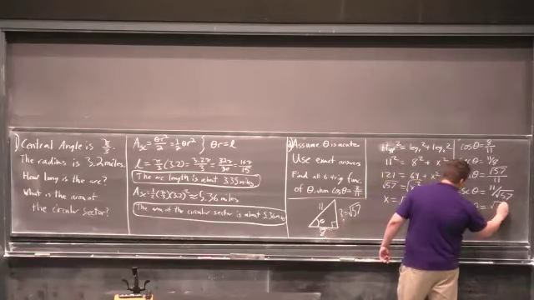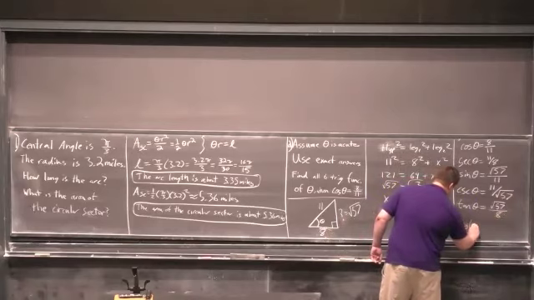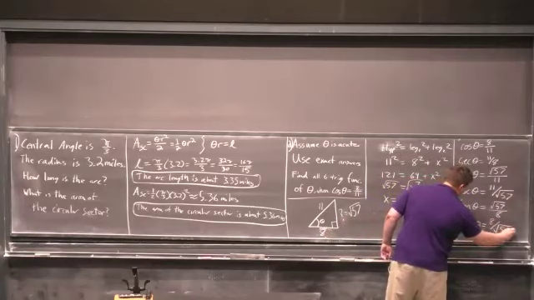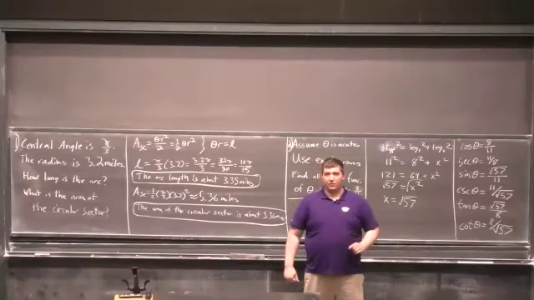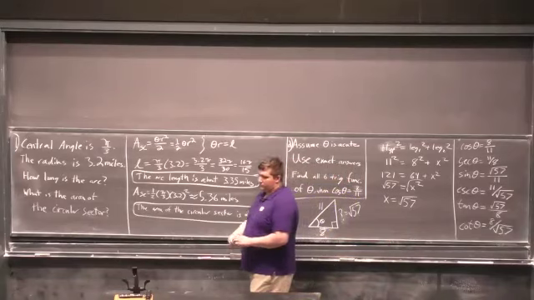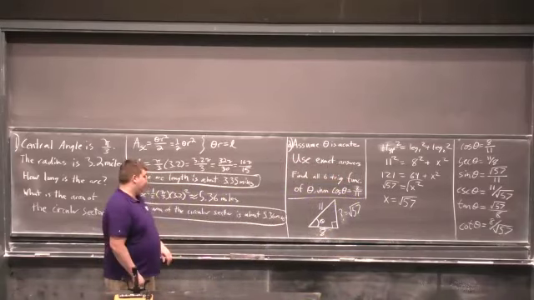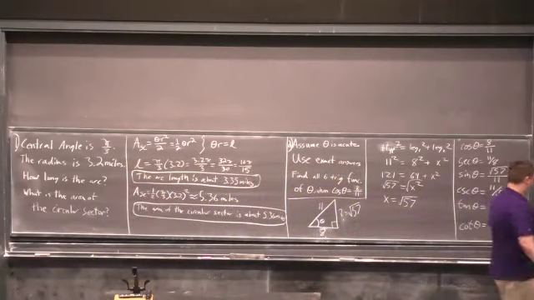So we have square root 57 all over 8. And cotangent of theta, which is 8 over square root 57. And there we have the exact values for all of our trig functions. Okay. So now let's take a look at a few more examples.